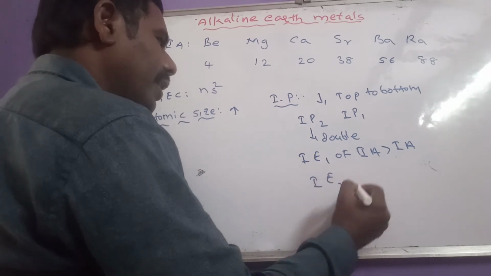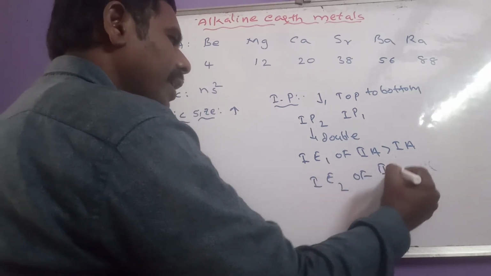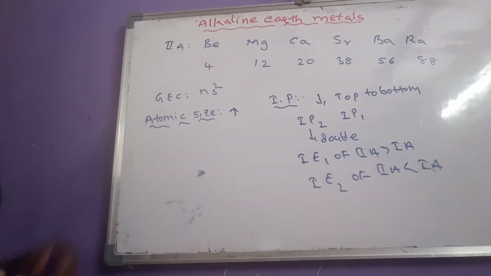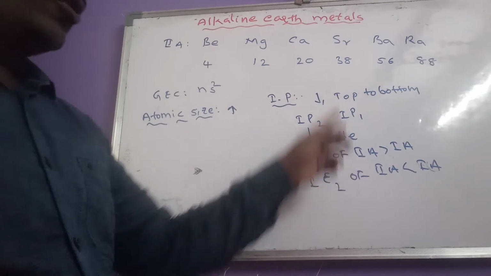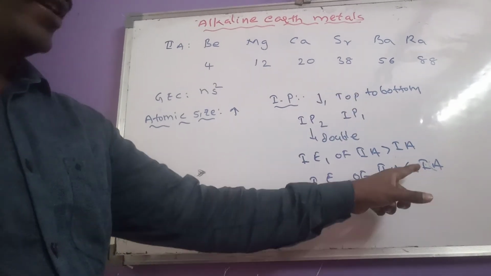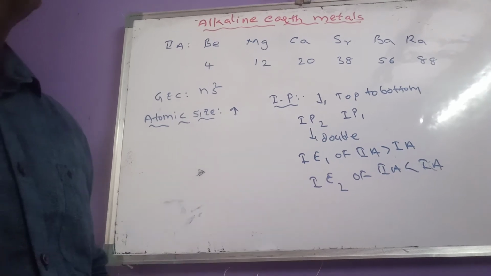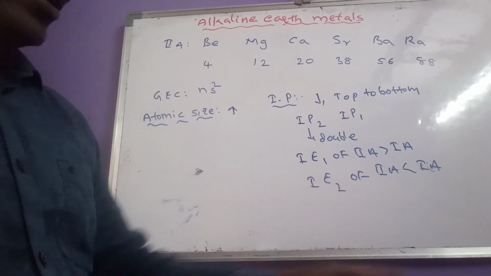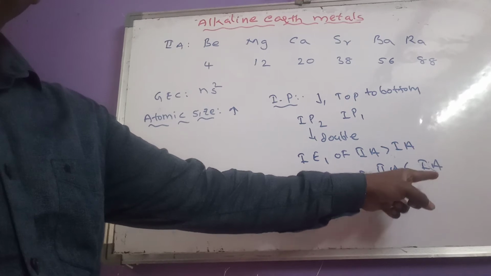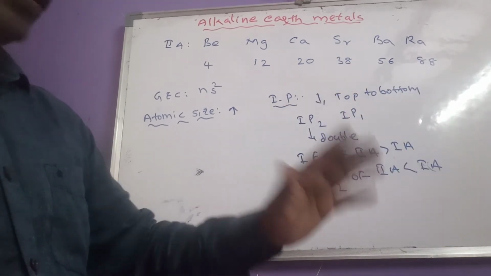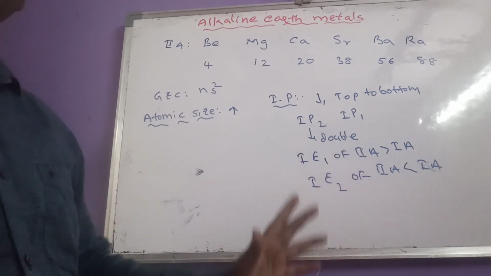But IE2 of second A group elements is less than that of first A group, because after losing one electron, first A group elements get into inert gas configuration. So removal of the second electron from first A group elements is much more difficult compared to second A group elements.